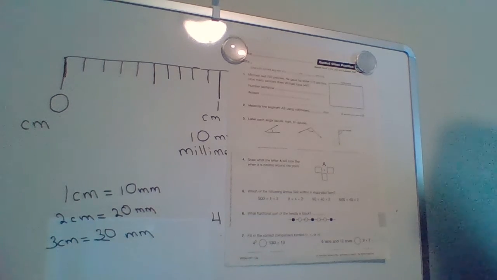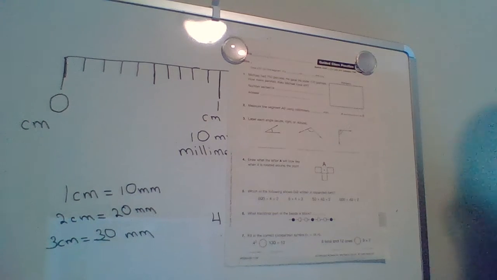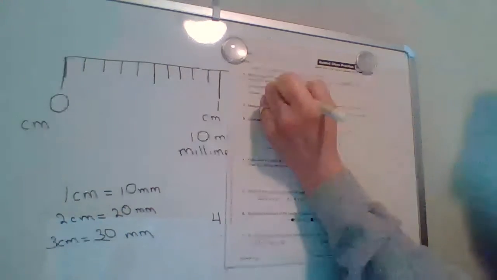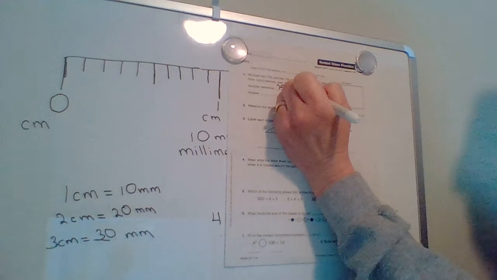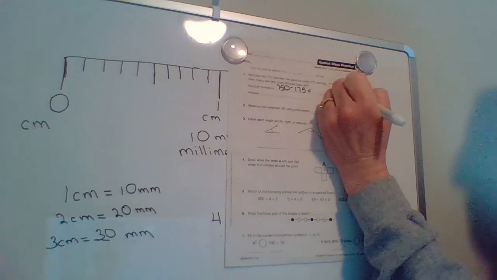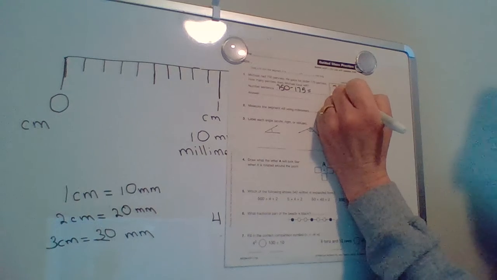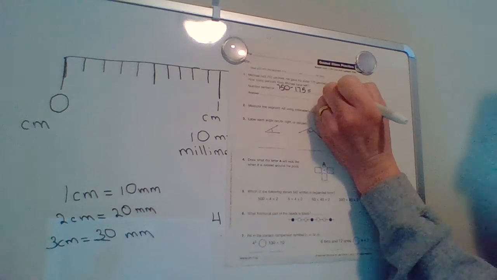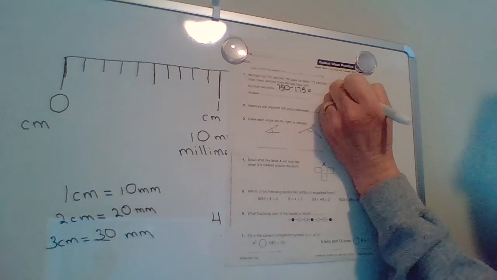He gave his sister 175 pennies. How many pennies does Michael have left? So he started off with 750. He gave his sister 175. And here is our workspace. We're going to subtract. We have to borrow.